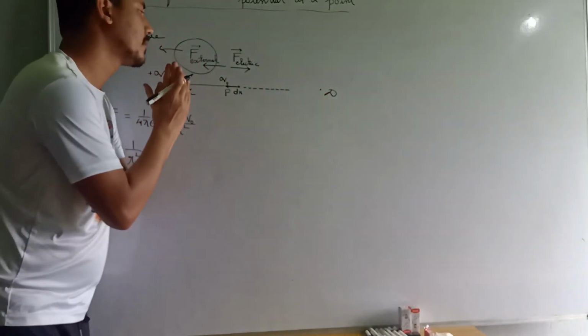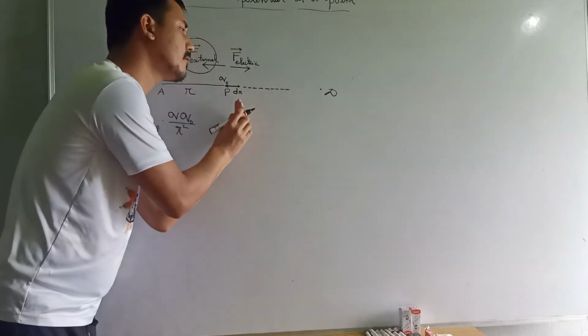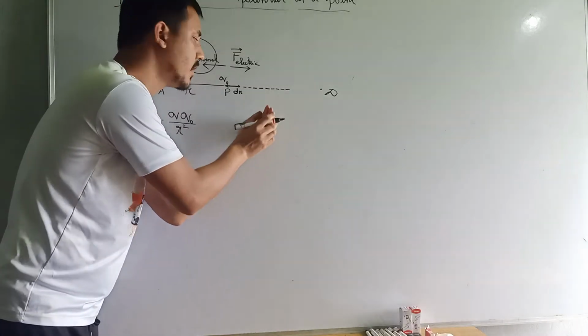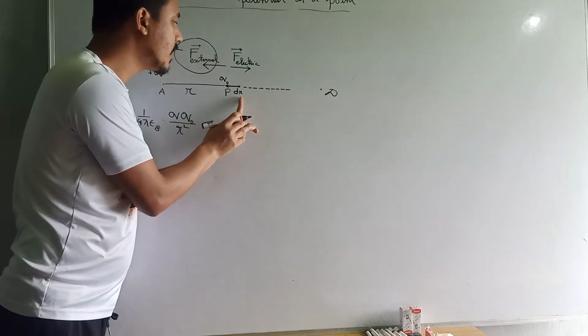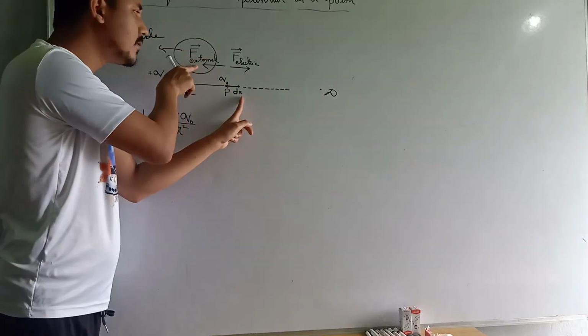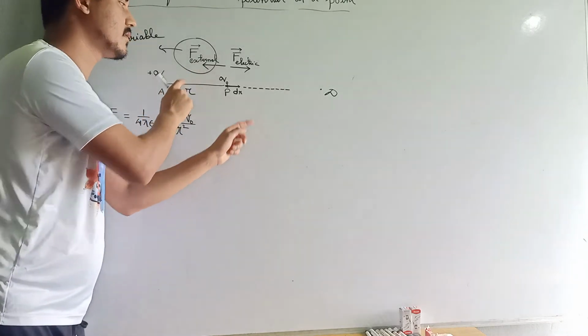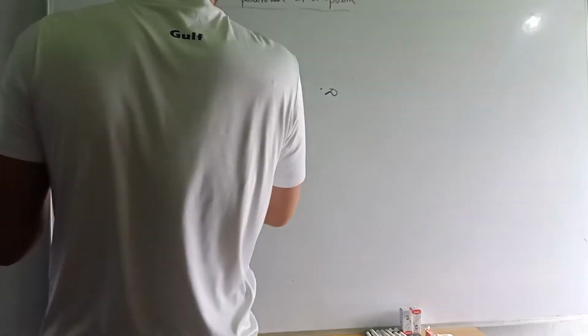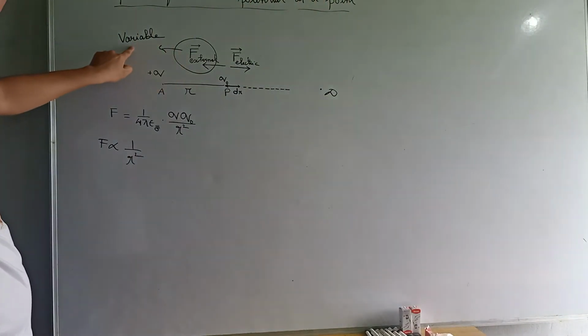That means you have to take small, infinitesimally small steps. dr is one such small step. And achieving this is possible due to this external force, right? So work is done against this external force, and this external force is variable.